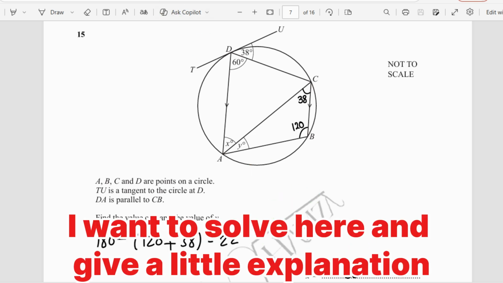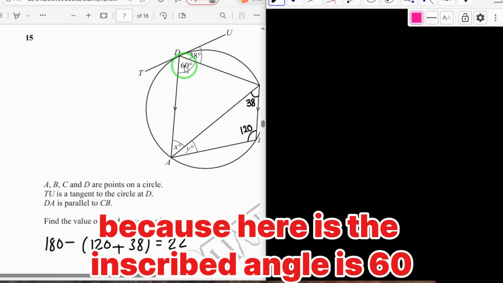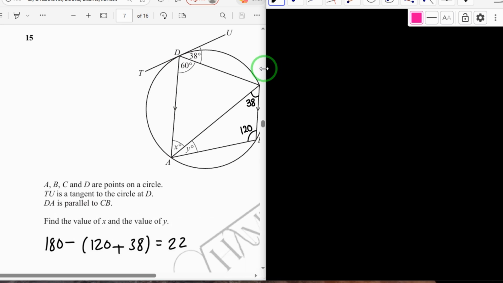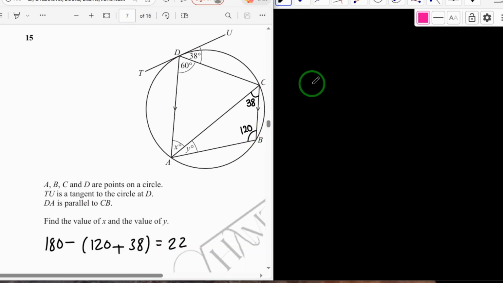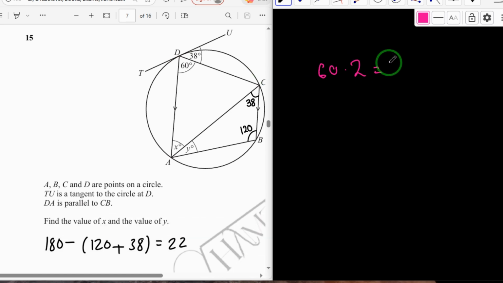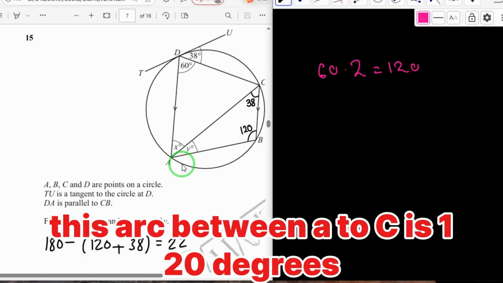I want to solve here and give a little explanation. The inscribed angle is 60, but this arc is 2 times that, 60 multiplied by 2 is 120. It means the arc between A and C is 120 degrees.